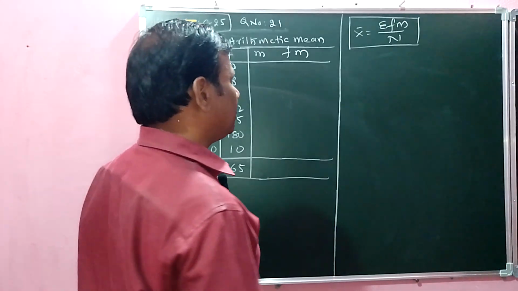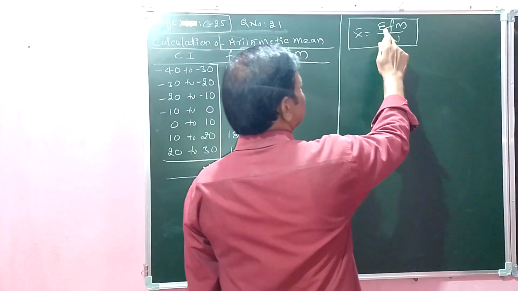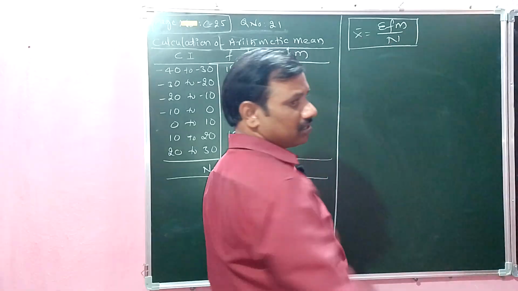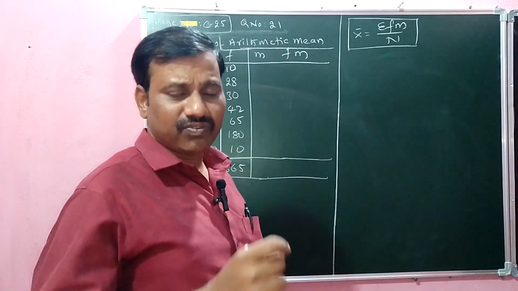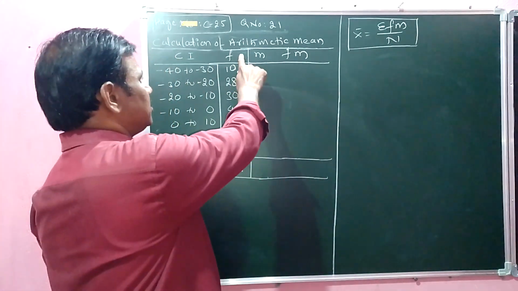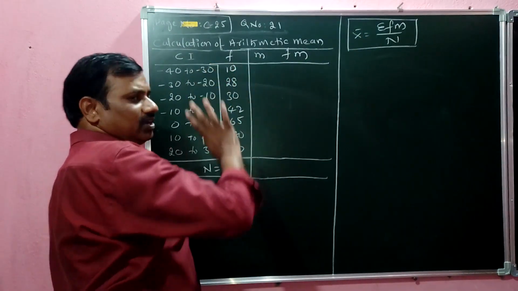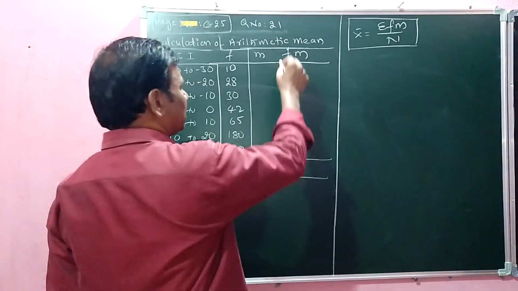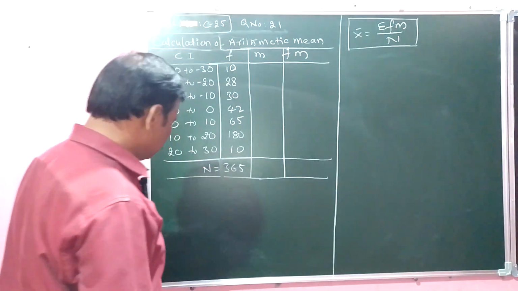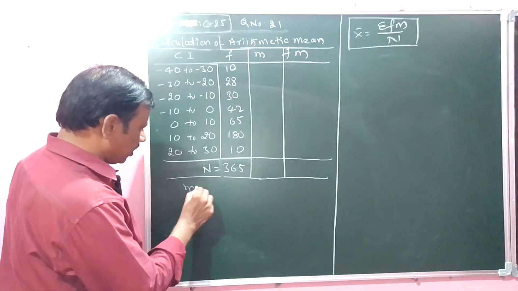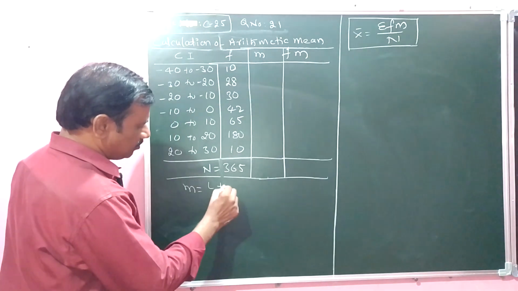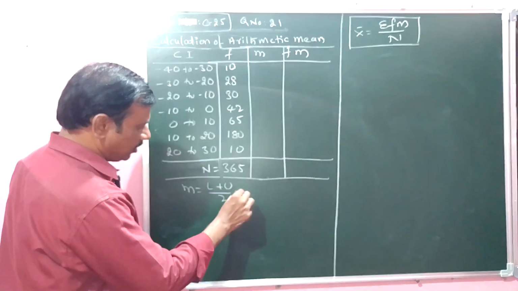So here arithmetic mean formula is sigma fm by n. So given question frequency is given but m value is not given. So calculate m value. So m value equal to lower limit plus upper limit divided by 2.